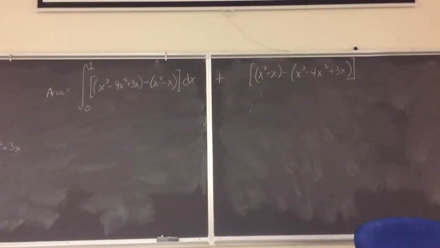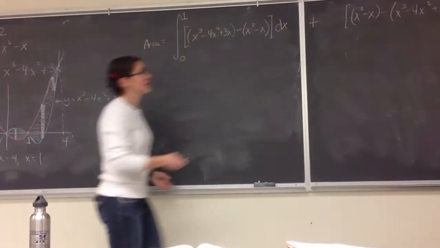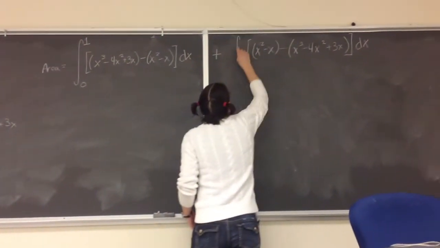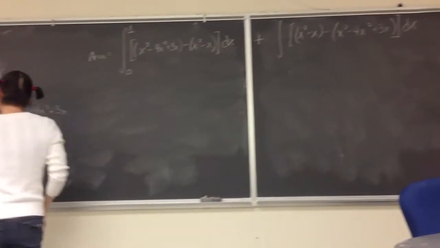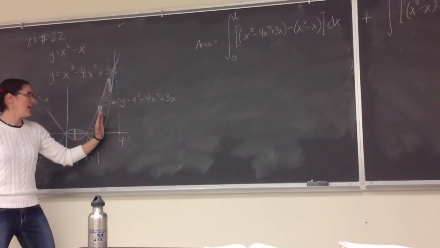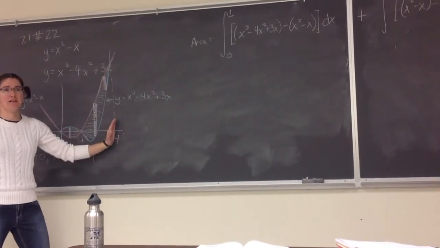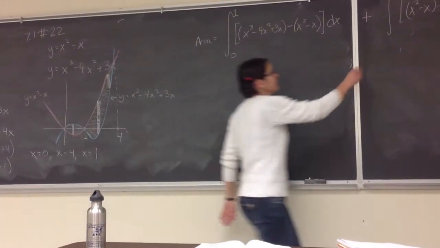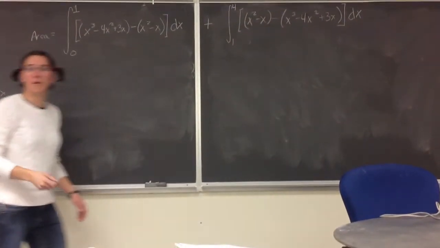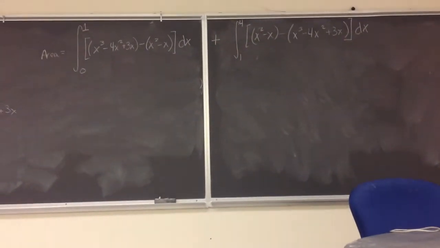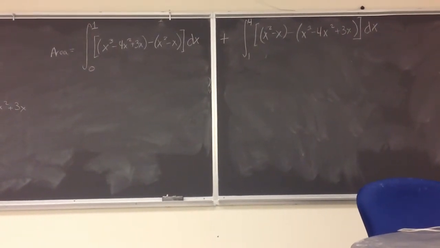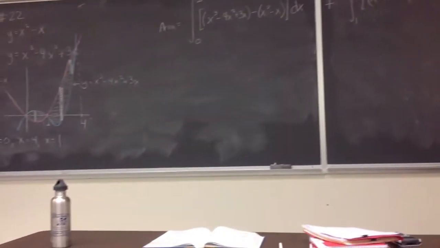The width is a little bit in the x direction, so that's dx. And then we add up all those rectangles, starting at an x value of 1, until our very last one ends at x equals 4. So integral from 1 up to 4. Okay, so now we've completely set up an integral to describe the area of these two shaded regions.